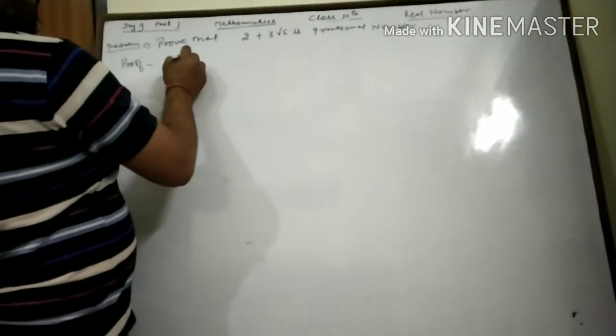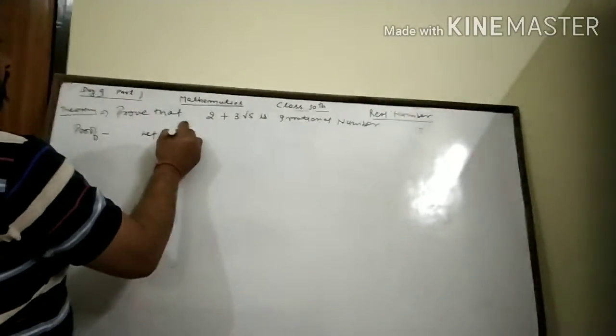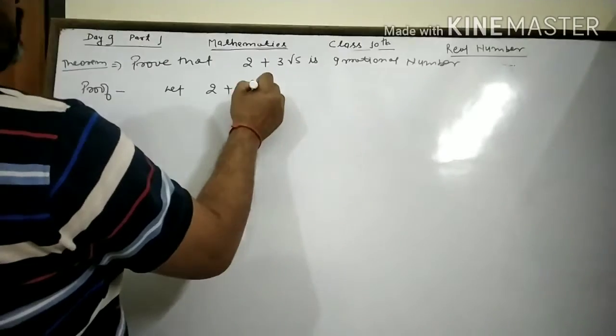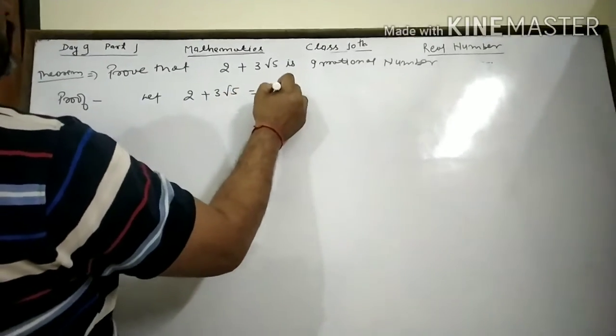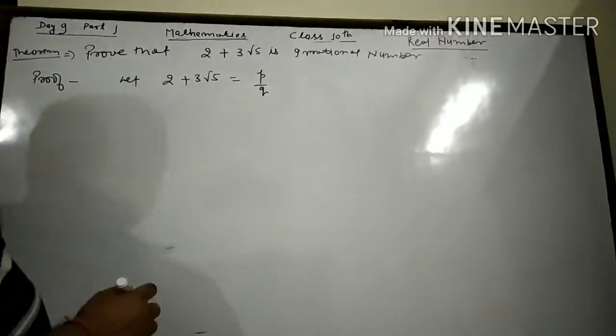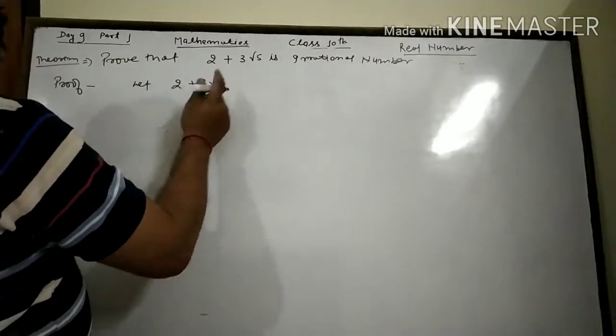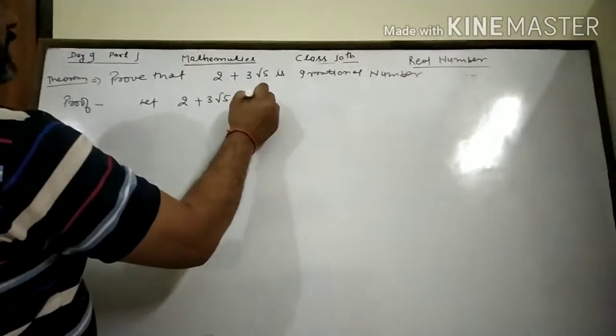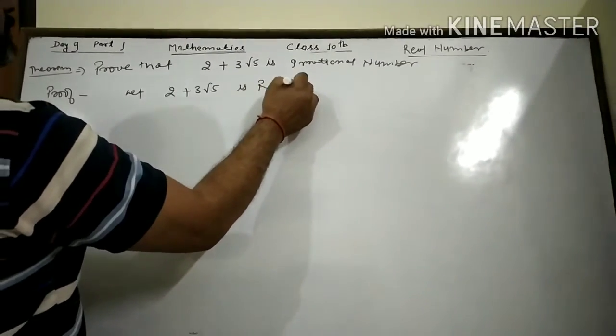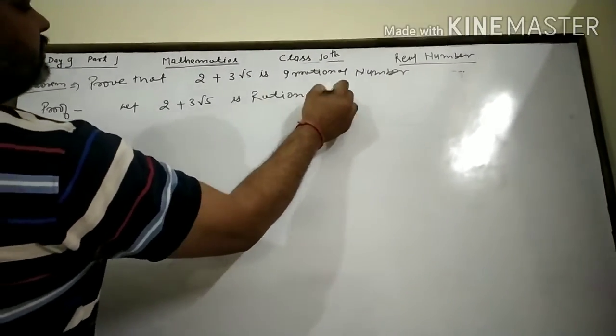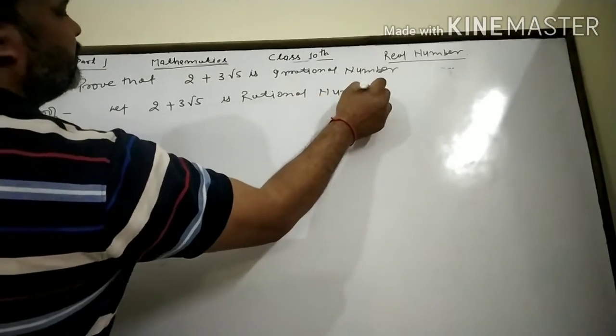proof. Let us consider 2 plus 3 root 5 is equal to p upon q. It means we consider let 2 plus 3 root 5 be a rational number.